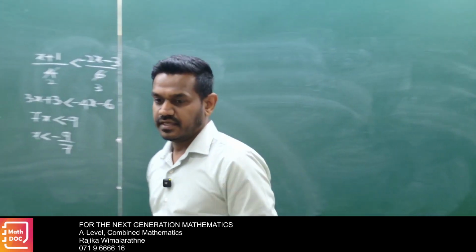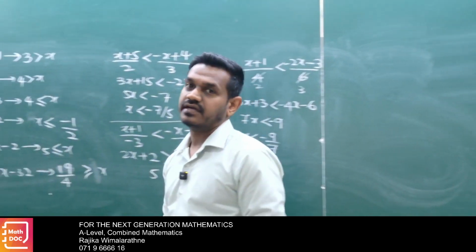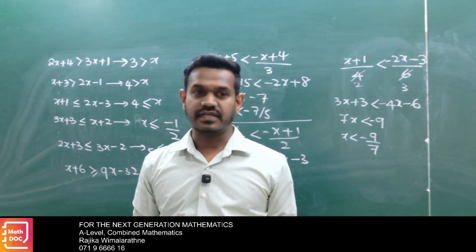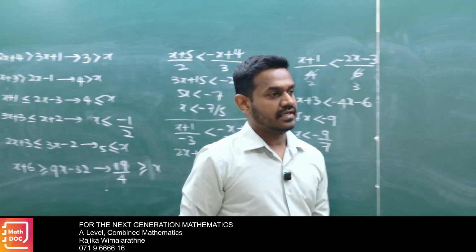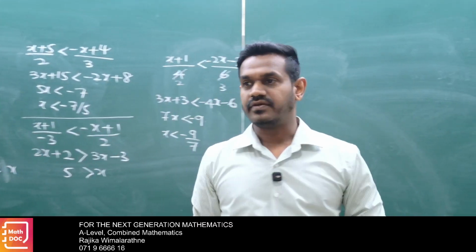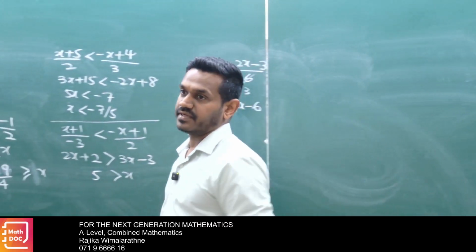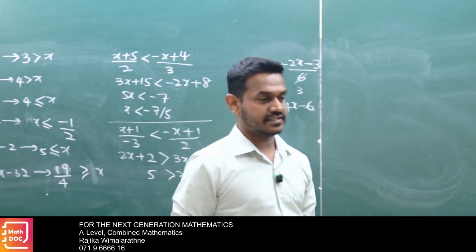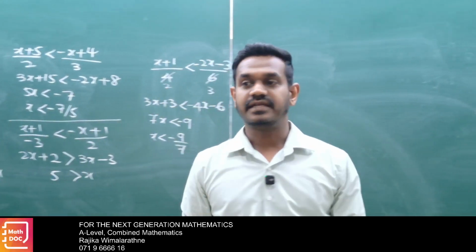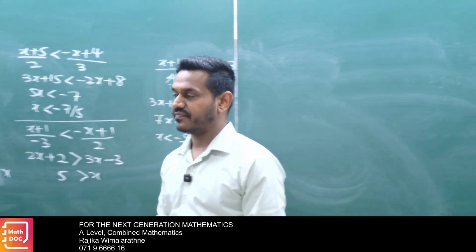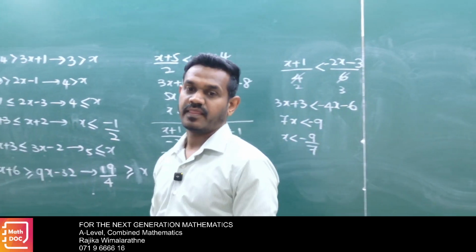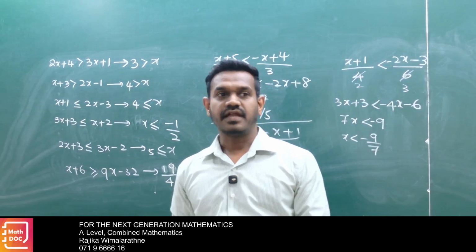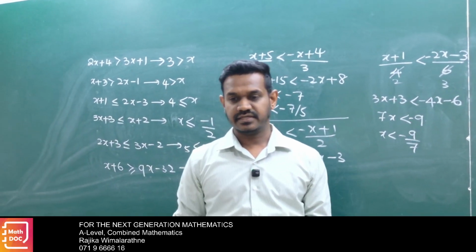Okay, then these are linear type inequalities, no? Let's do one more type: double inequality type. Write down linear double inequalities.